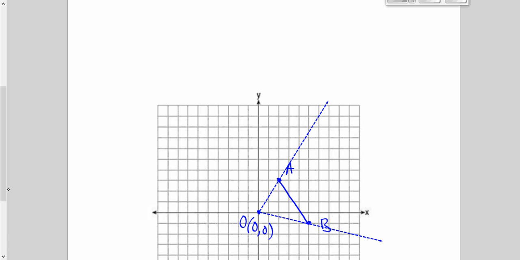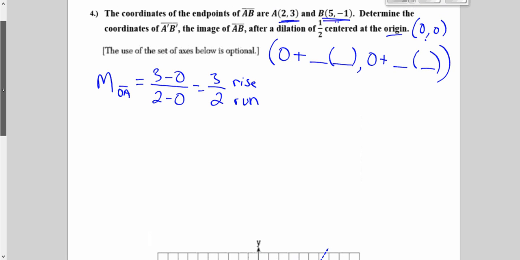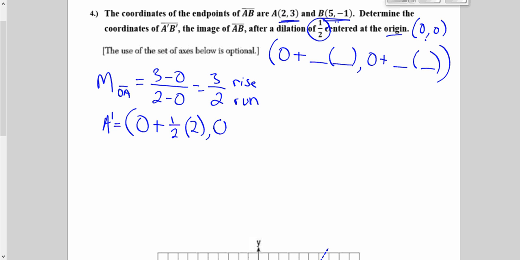So for A prime, it's going to be 0 plus, not the original run of 2, but half of that original run of 2. Comma, for the rise side, 0 plus not 3, but half of 3. Are you following?